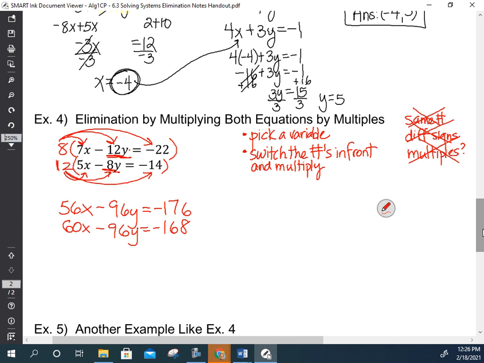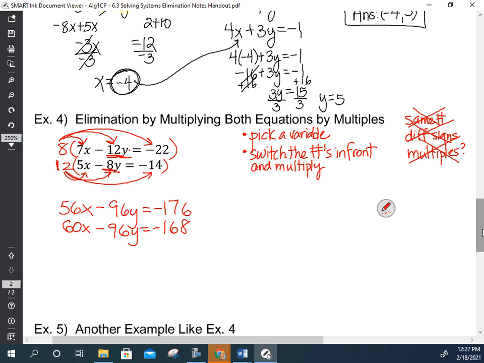So, do we have opposites? Are the y's opposites of each other? No. Since the y's are not opposites of each other, we need to take the 8 or the 12 and make it negative so that we can force the signs to switch.